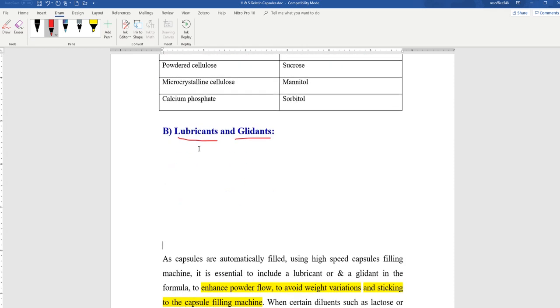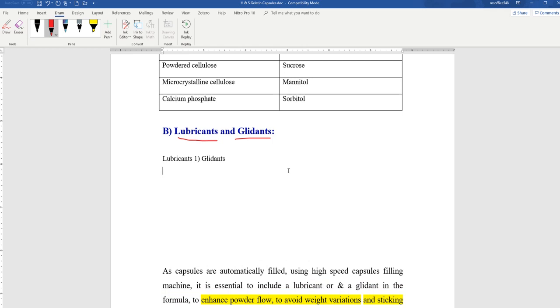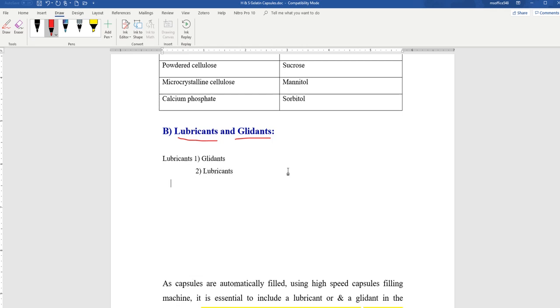I can classify lubricants into 3 classes: 1, glidants; 2, lubricants; 3, anti-adherent.